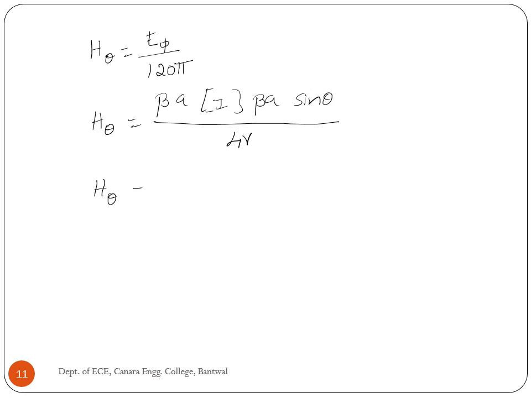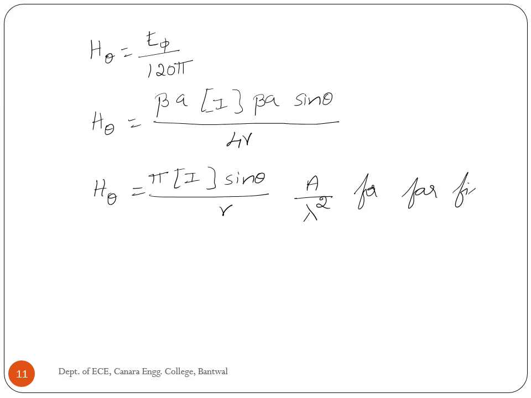Therefore Hθ is equal to π I sin θ divided by r into A by λ² for far fields, since β equal to 2π by λ and A is equal to πa².